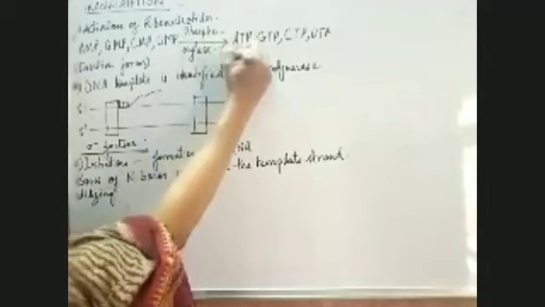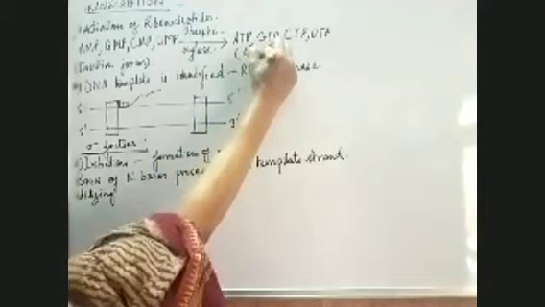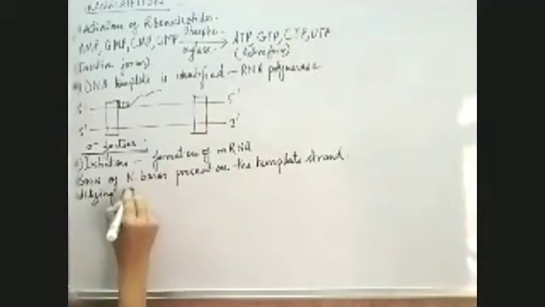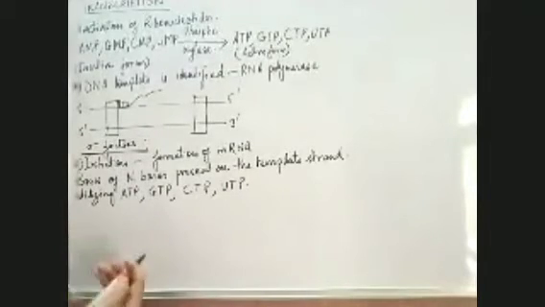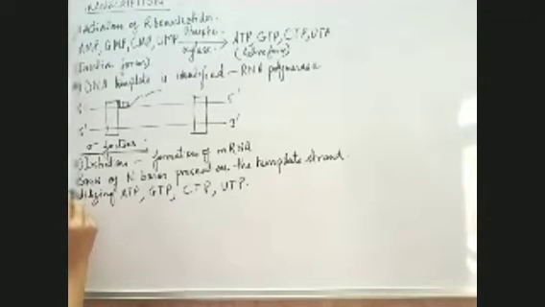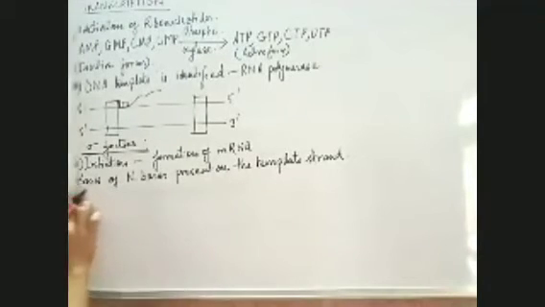This active form of energy, the UTP form of energy, is utilized, and this initiation takes place. And finally, we can use rather this as the fourth point: base pairing.